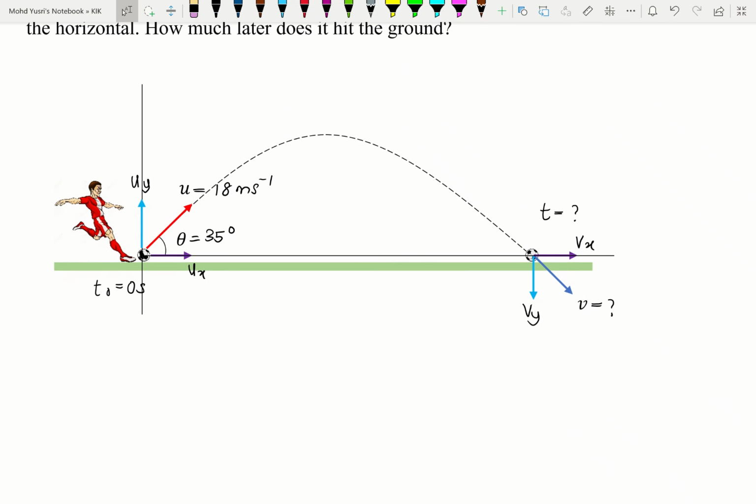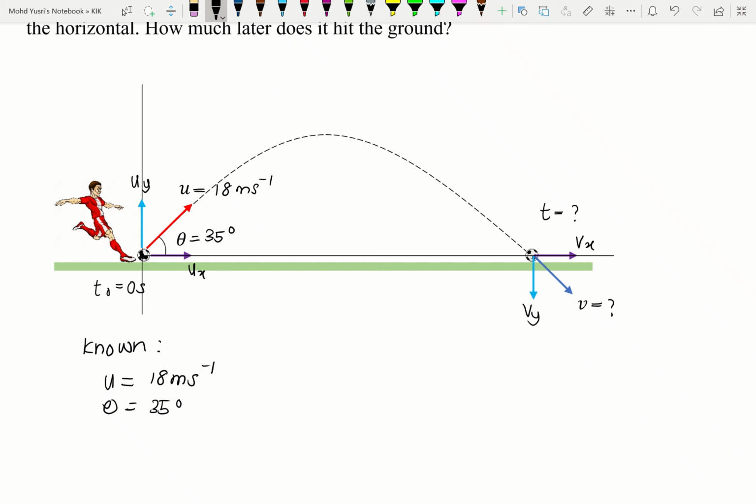Let's identify the known values given in the question. In this question, the known values are the initial velocity u, which is 18 meters per second, and the angle theta, which is equal to 35 degrees. That is given in the question.